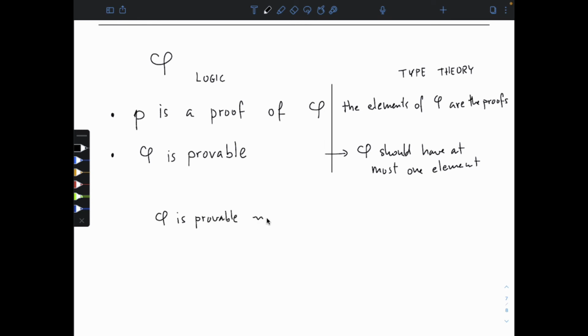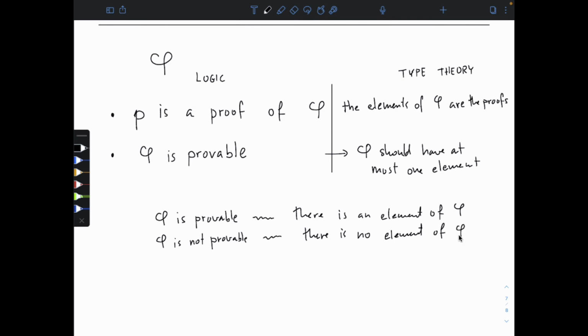This should correspond to there is an element of phi, and phi is not provable, there is no proof, should mean there is no element of phi. Okay, so as soon as phi has an element, it's provable.